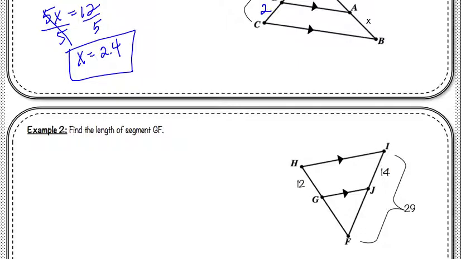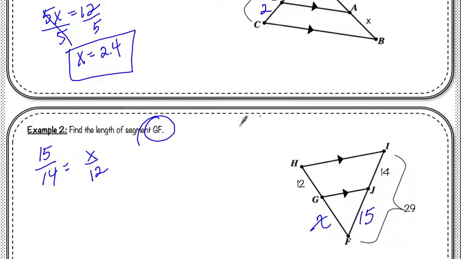We're going to do another example. So this time it's the same sort of thing, except it says find the length of segment GF, which is what we're going to call x. And then the triangle's just turned upside down, but everything's exactly the same. So I'm going to take 29 and subtract 14, and I get 15. Then I'm going to do 15 over 14 is equal to x over 12.